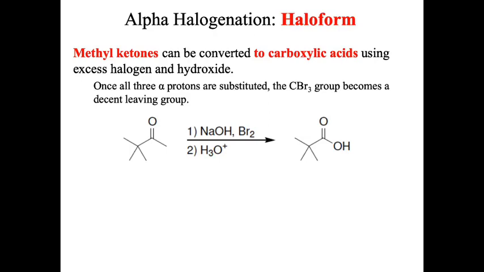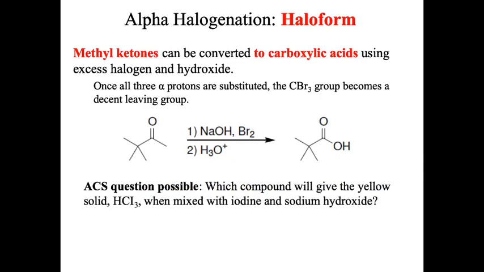This is a favorite question for the ACS. I've seen it pop up a couple times. Which compound will give the yellow solid HCI3 when mixed with iodine and sodium hydroxide? Why does that have anything to do with this? Iodine and sodium hydroxide.